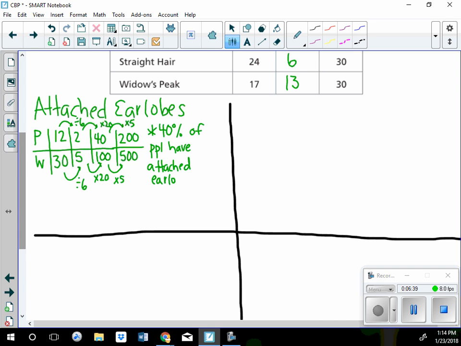That's the first question you're going to answer. Here's the second one. In a group of 500 people, 200 would have attached earlobes.